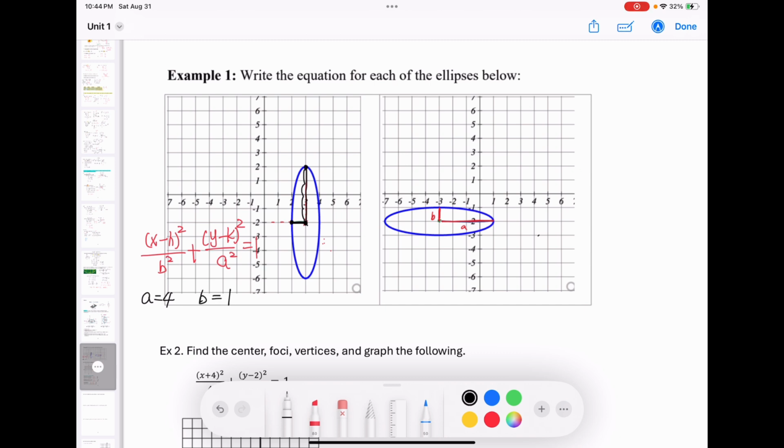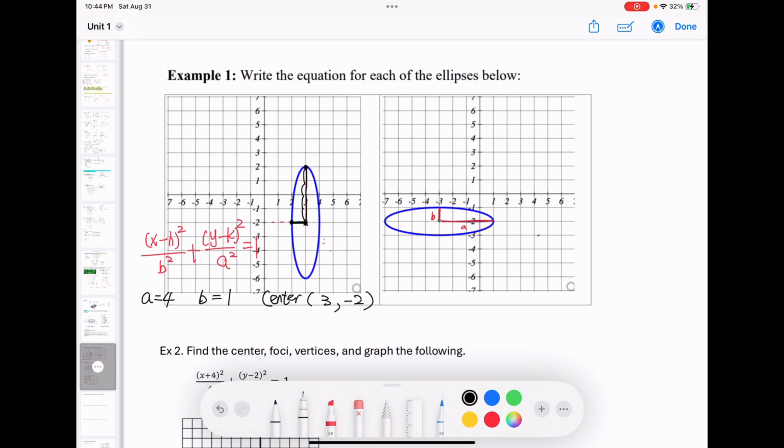And what is the center coordinate? The center here is positive 3, comma, negative 2. Let's write the center here: center is (3, -2).